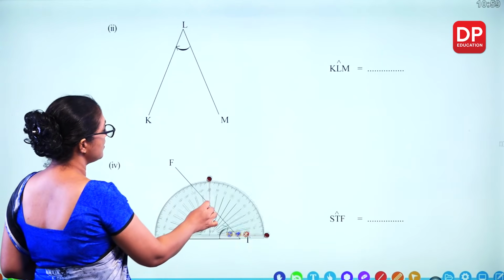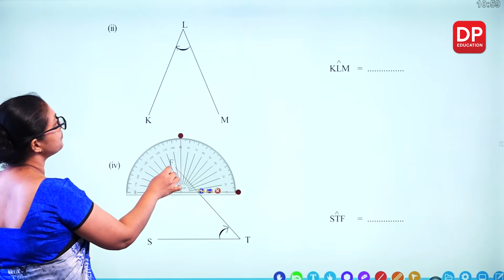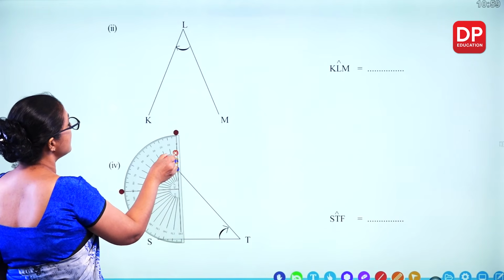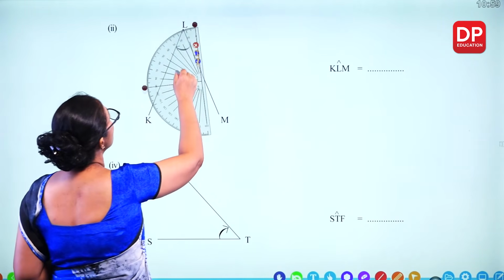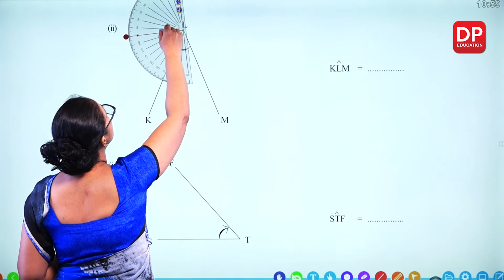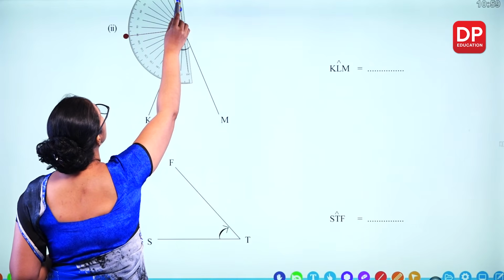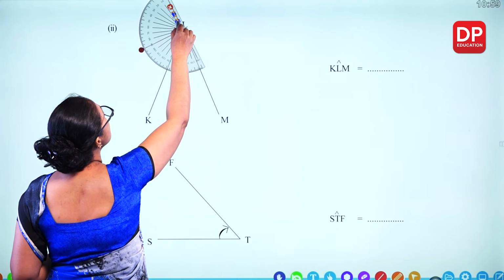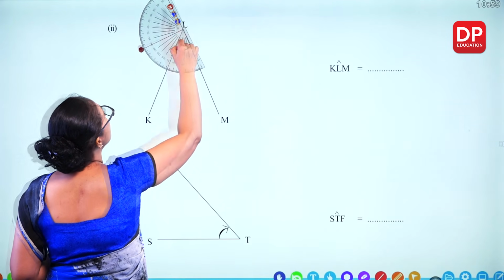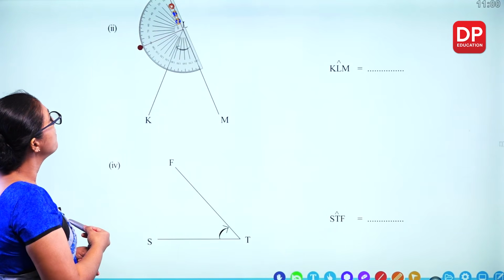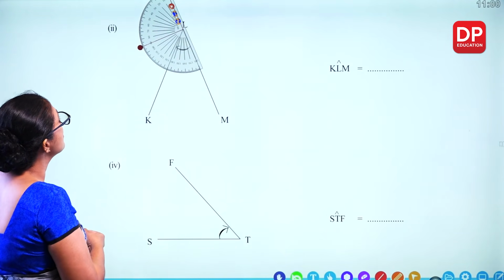Look at this one. How do you measure? You have to rotate and keep the protractor here. You have to rotate first. Rotate and keep the baseline on LM. And then we can measure.